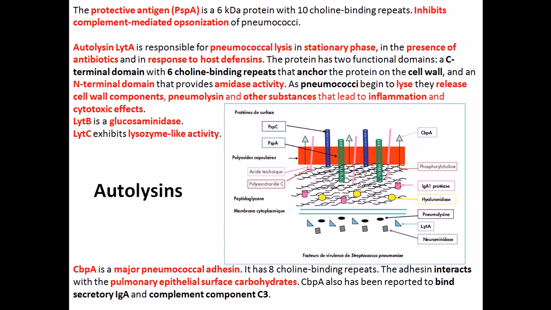They do this using a C-terminal domain with 6 choline-binding repeats and an N-terminal domain that provides the amidase activity. Now as pneumococci begin to lyse, they release cell wall components, pneumolysin, and other substances that lead to inflammation and cytotoxic effects.